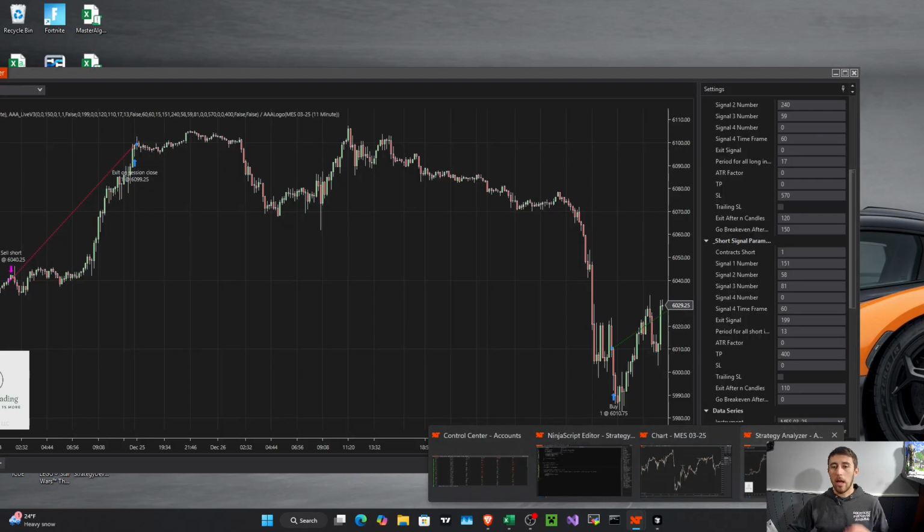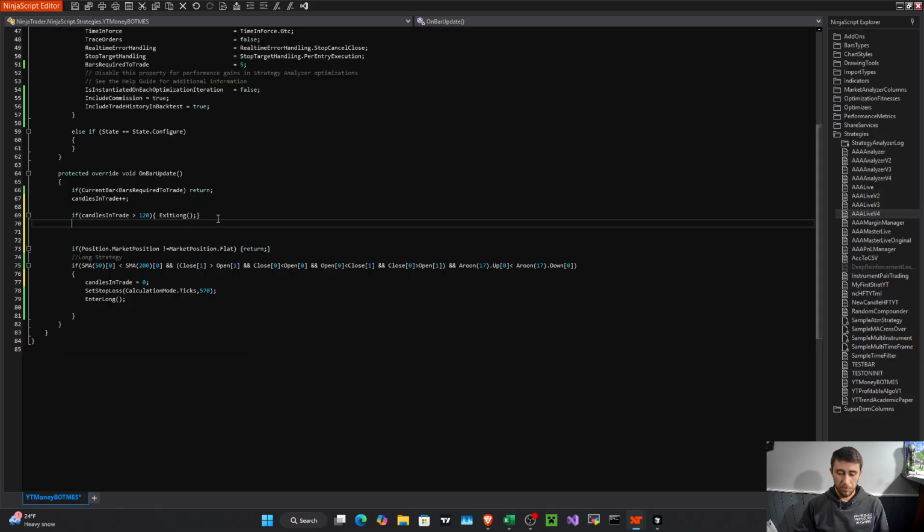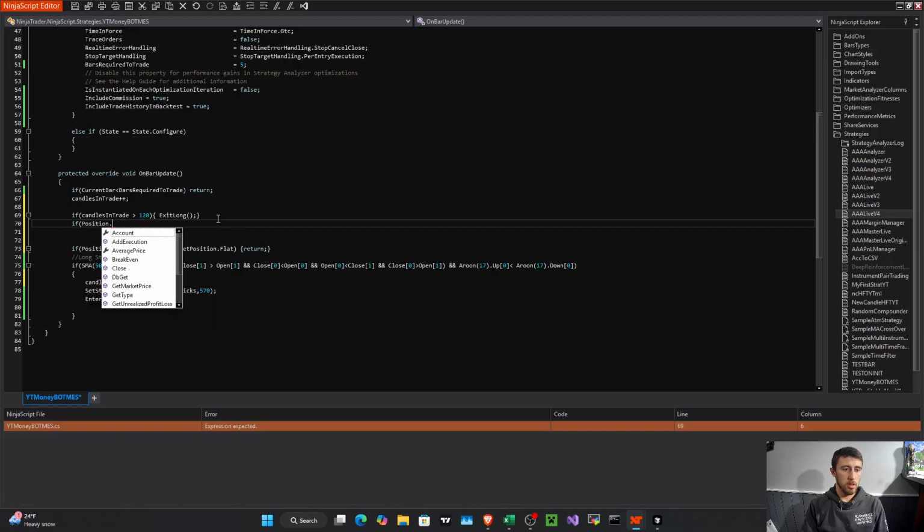Now we need to add a go break even after 150 ticks in profit. So we're going to do if position dot get unrealized profit loss performance unit dot ticks.